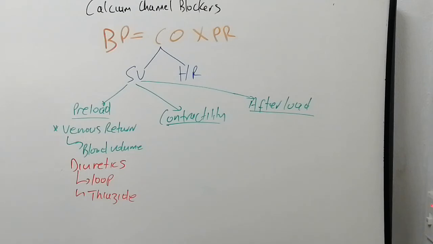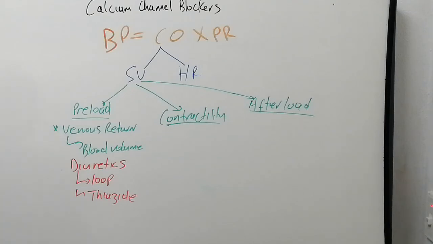This is an introduction. What I want us to talk about is calcium channel blockers, but I want you guys to understand where do calcium channel blockers work, what is their target area, what are their target receptors, and how do they execute their function, what is the physiological basis of calcium channel blockers, right?